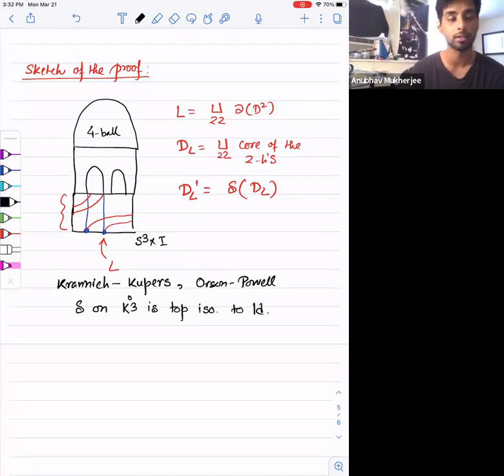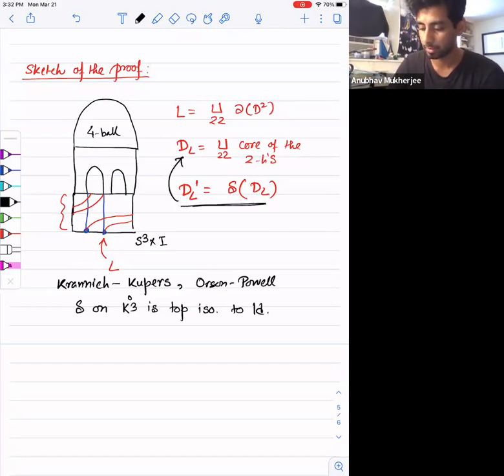Since it's topologically isotopic to the identity, this image is topologically isotopic to this. So now the difficult part is to prove that they are not smoothly isotopic.